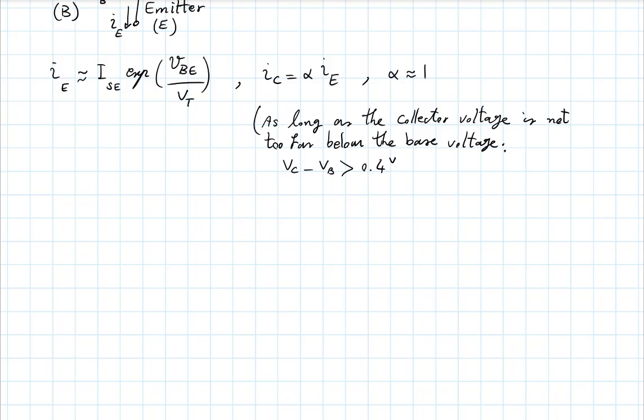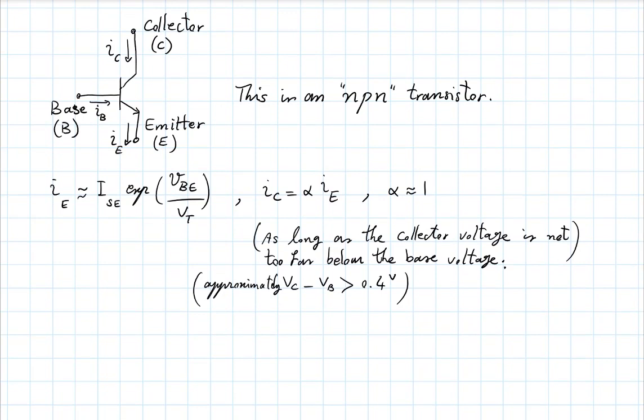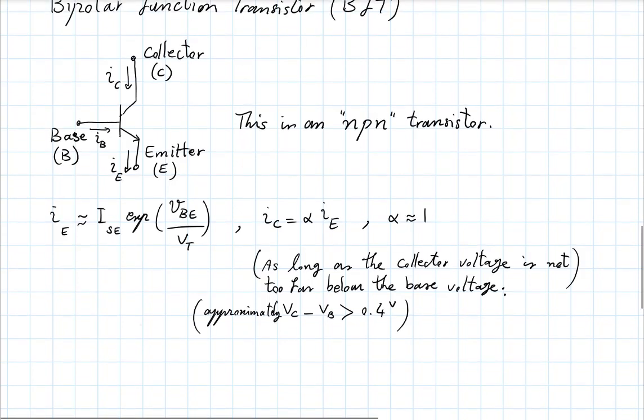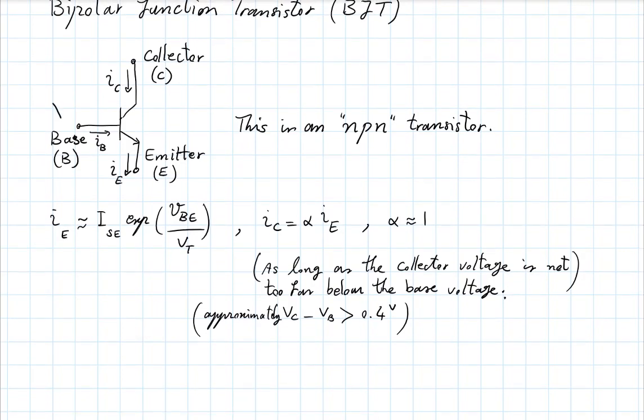And this is, again, approximately. Okay, none of these is an exact point. 0.4, 0.3, 0.5, depending on the application, the transistor. Okay, so basically I have called this VB. This is a node voltage, VC, and VE. Okay.